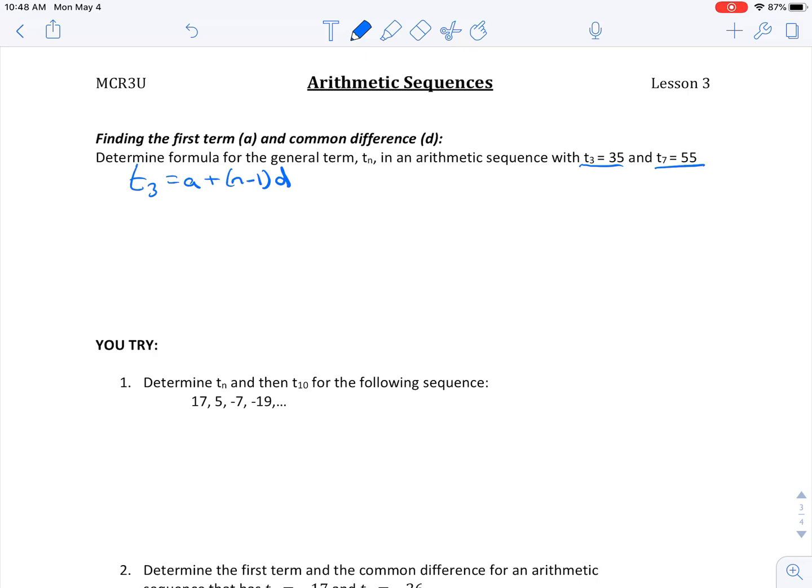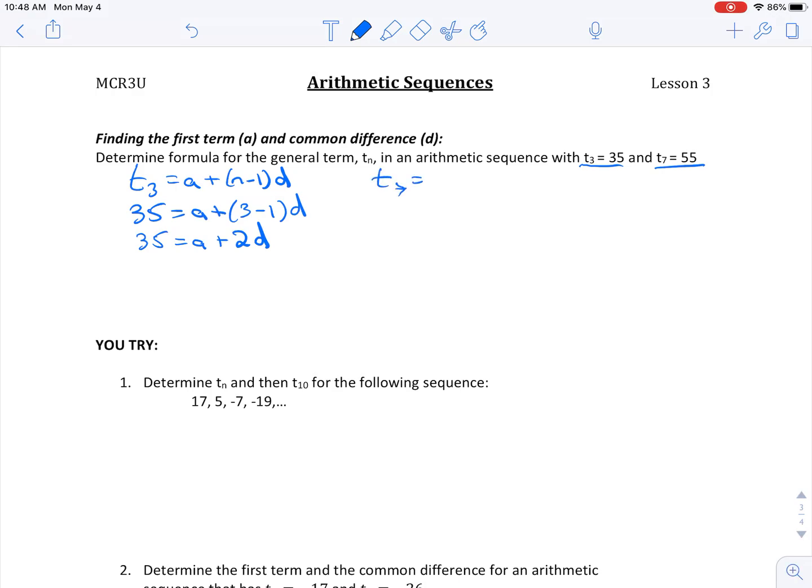So I know that t sub 3 equals this. What I don't know is d and a, but I know the value of the third term is 35. So I'm going to put that in, and I know that it is the third term, so n is 3. And I leave d as that. So I can simplify this slightly.